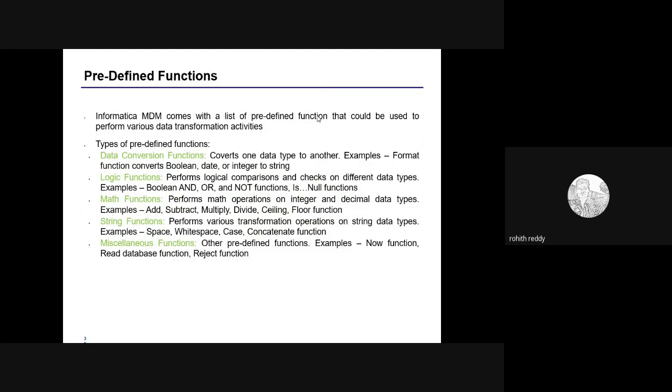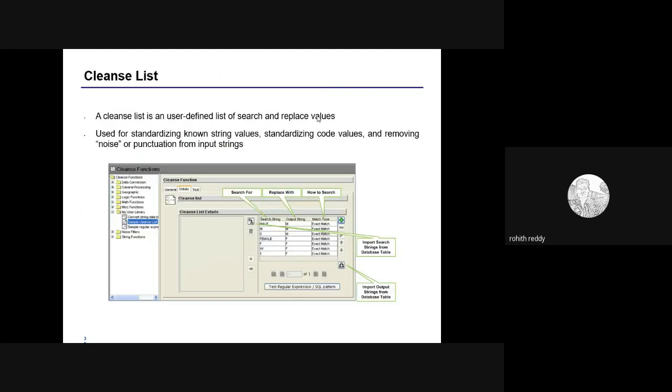We'll mostly cover these cleanse functions. So in the cleanse function we have different types. One is graph function, another is cleanse list function, and regular expression functions. To create a custom cleanse function we have three types: cleanse list functions, graph functions, and regular expression functions.